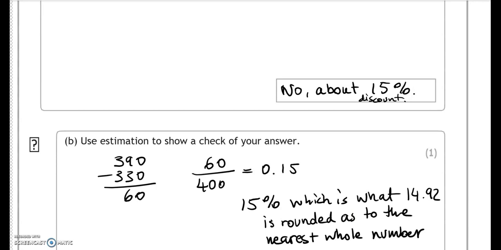So 15%, which is what 14.92 is rounded to, to the nearest whole number.